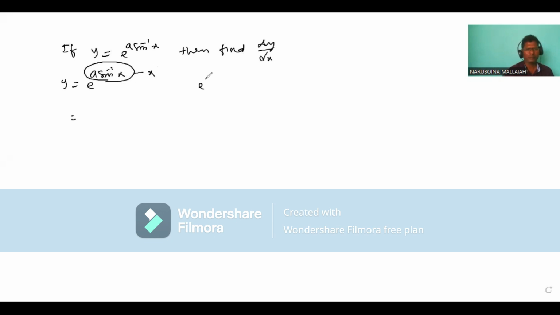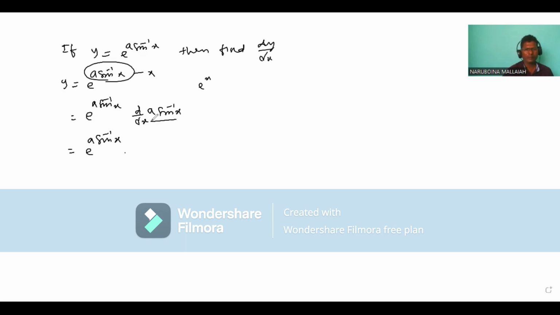Now this becomes e power x. We know derivative of e power x is e power x. So I am writing e power, in the place of x, write this a sine inverse x. Again differentiate this a into sine inverse x.